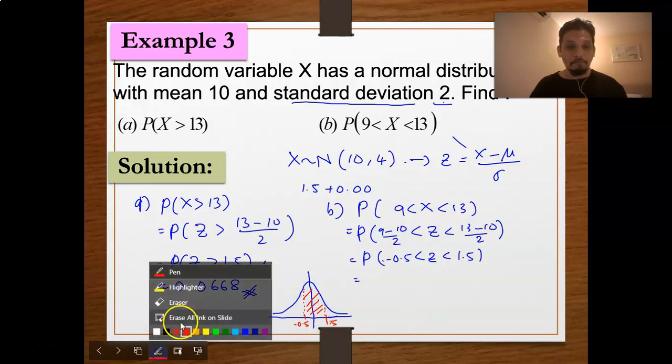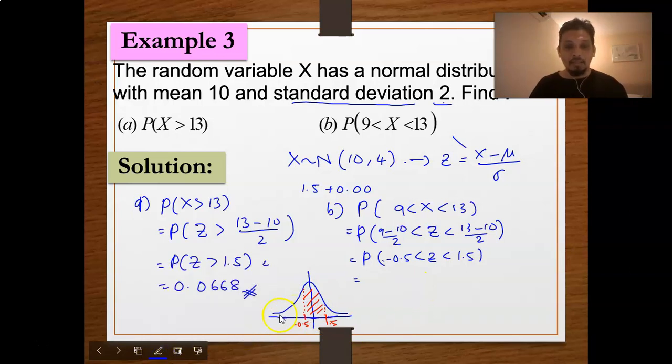Okay, class. The whole area is equal to 1 minus, just imagine that between these two I separate it into two parts.